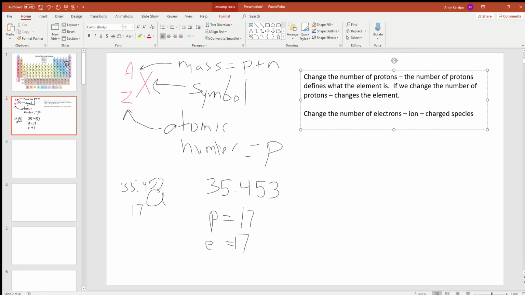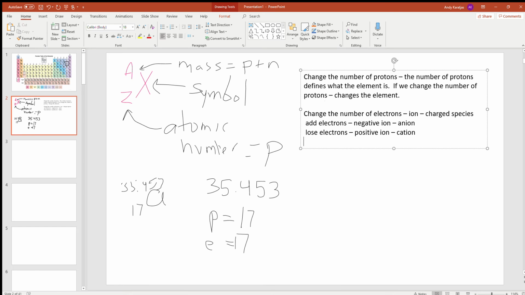So if we add electrons, we have a negative ion. If we lose electrons, we have a positive ion. And we have names for these. So a negatively charged ion is an anion, and a positively charged ion is known as a cation.